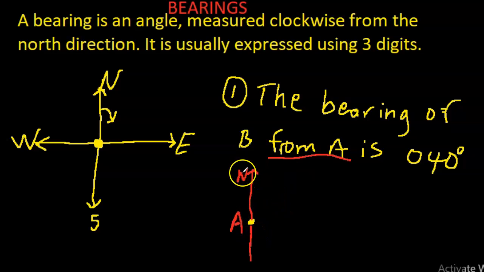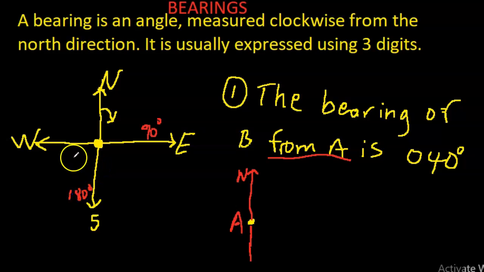Before I continue this diagram, one thing is very important. If you're coming from north, you start counting the angles in a clockwise direction from here. So 0, and then this would be 90 degrees. And then the next 90, so you have 180.